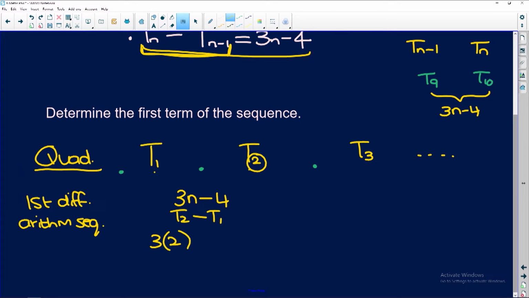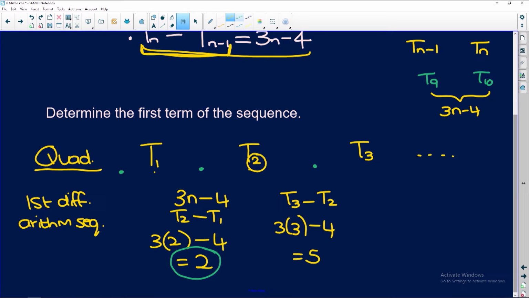So 3 multiplied by 2 minus 4 is 6 minus 4, which is 2. Okay, so that is the first difference between term 2 and term 1. If I'm trying to find term 3 minus term 2, I say 3 times 3 minus 4, which is 9 minus 4, which is 5. Okay, so that is another difference.